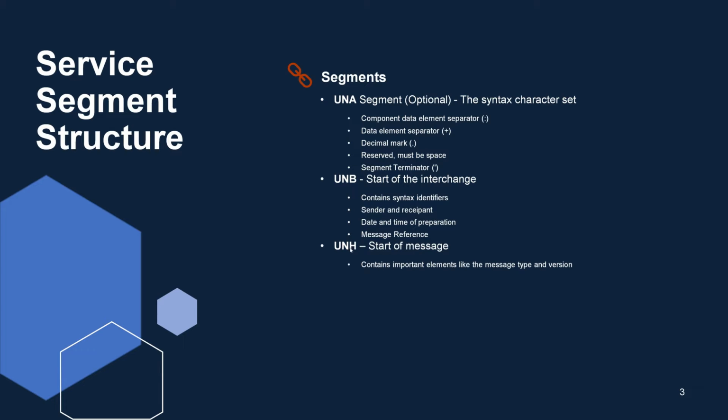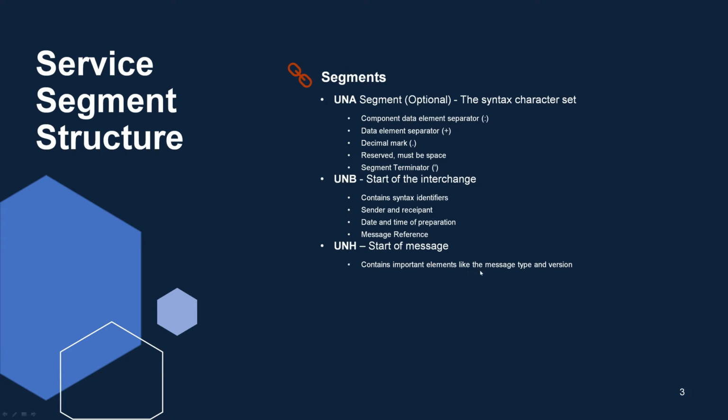You then have a UNH, which is the start of the actual message. This goes back to our PRODAT, etc. That's where you'll then start having some segments within on from this that will contain real data related to the actual specific message we're sending. But this one will contain important elements like the type of message.